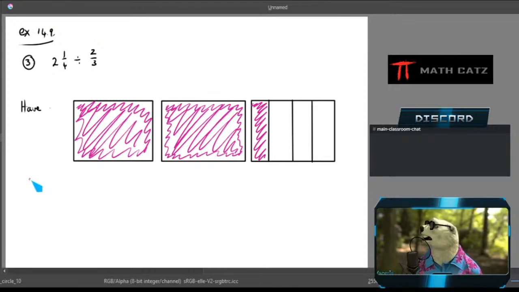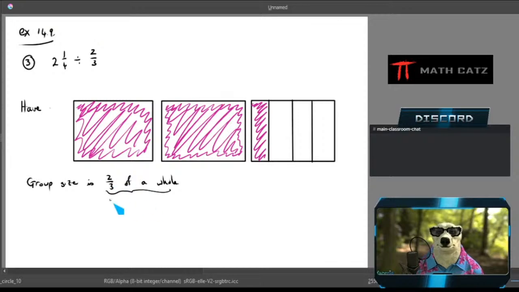Now we have our group, or group size, which is 2/3 of a whole rectangle. Not of what we have, just group size. So I need to figure out, well, what is this? How many pieces am I looking at here?